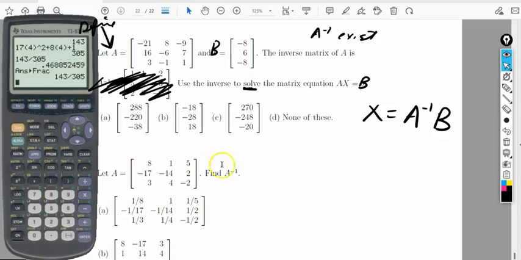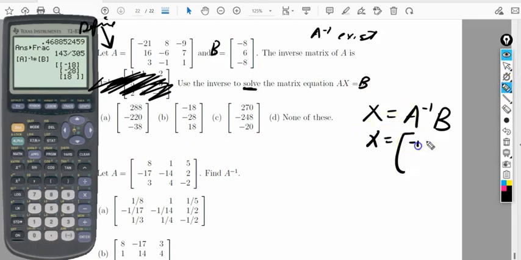Get out, and now ask it to do A inverse times B. So get back in, choose A, then click the X inverse button, then times, get back into the matrix menu, and under name scroll down to B, and now click enter. And so that is our answer. That's what X is equal to. And so we have solved this. This one right here.